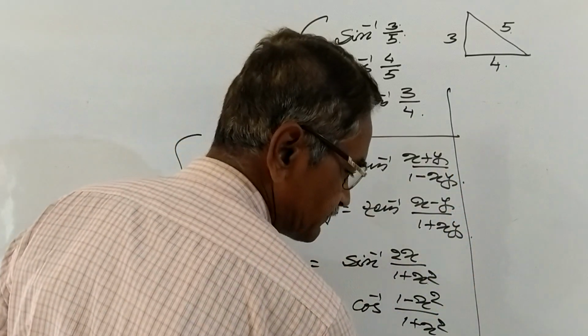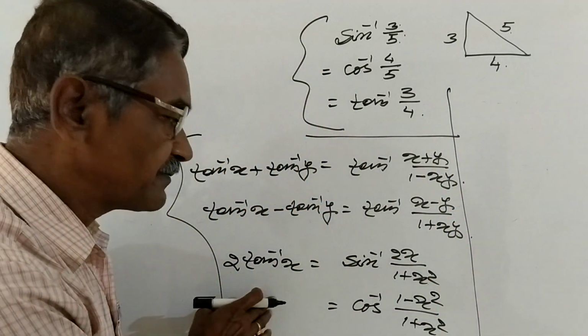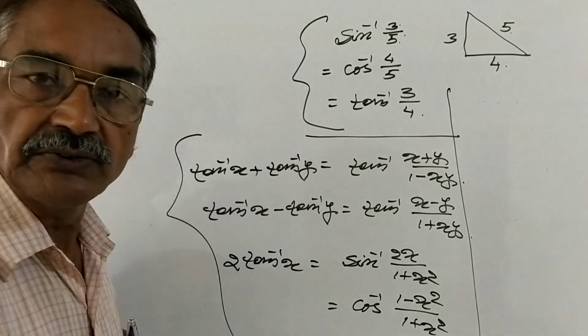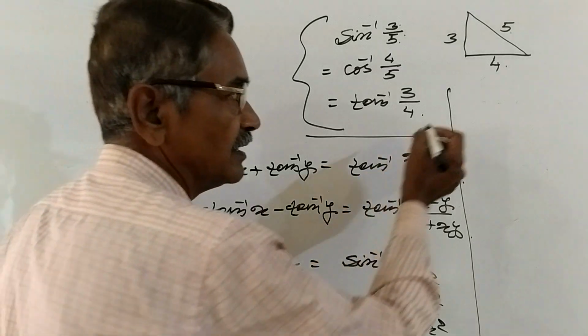Now, from where did these formulae come? It is from normal trigonometry, which you have already studied in class 11.